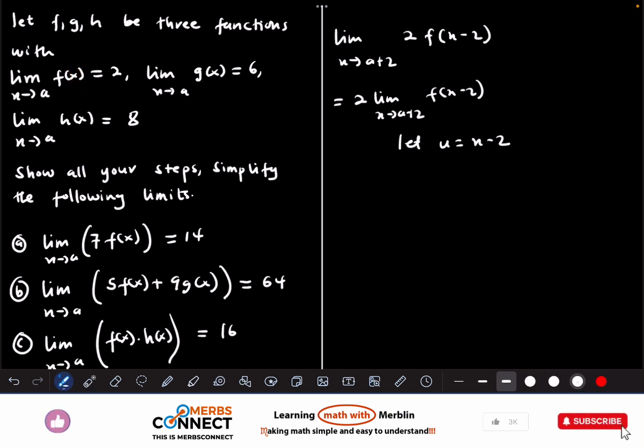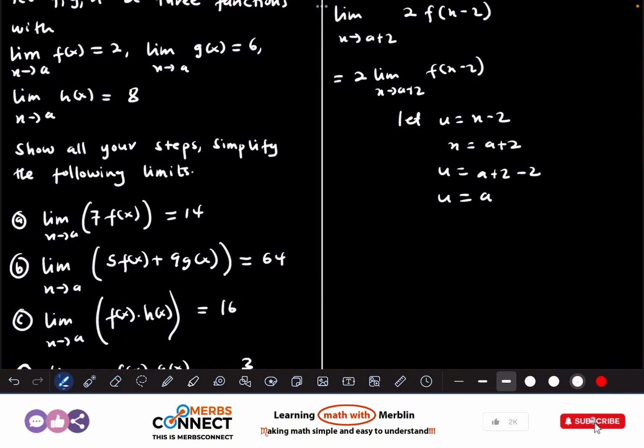Then what will be u when x is equal to, so we are going to assume that x is equal to a plus 2, right? So what will be u? Since u is equal to x minus 2 and x is equal to a plus 2, then u will be equal to a plus 2 minus 2, and u is also going to be a, right?